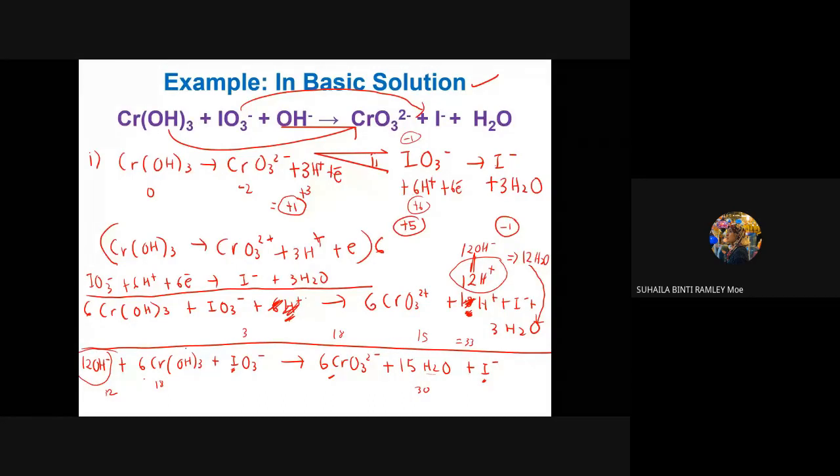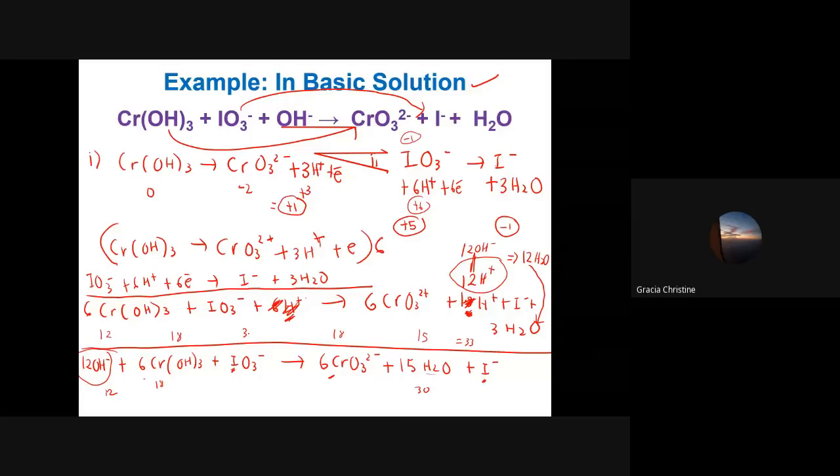Oxygen here 3, this one 6 times 3 is 18, so this one oxygen 12. Matches 33. So it should be balanced. So we stop here for balancing in basic solution. The steps up to here are for balancing a redox equation in basic solution.